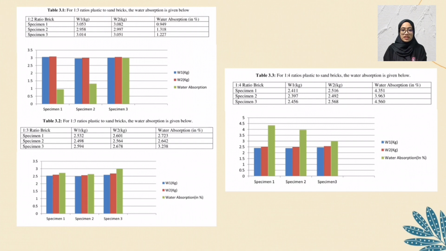Meanwhile, the 1:3 plastic sand bricks are in the middle and closer to the 1:4 percentage result. This is because sand can absorb more water.